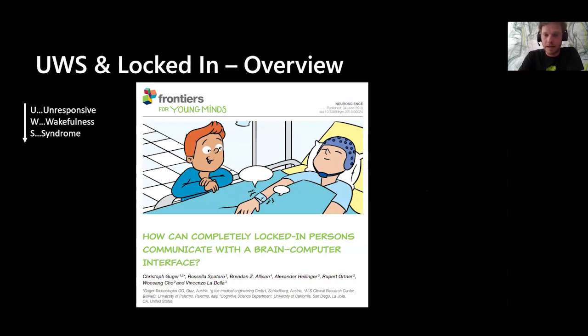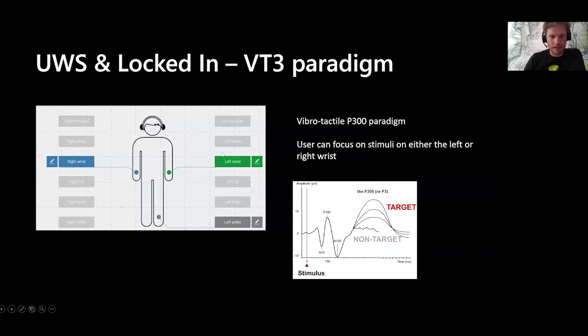And to drive it even further with the BCI paradigm, is it possible to communicate with them in a very rudimentary manner? So, for example, would it be possible to use a BCI to let them answer yes or no questions? So these are the data sets you get here.